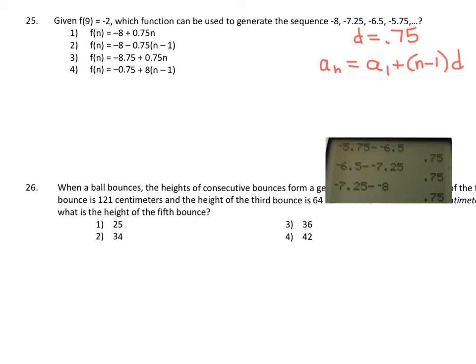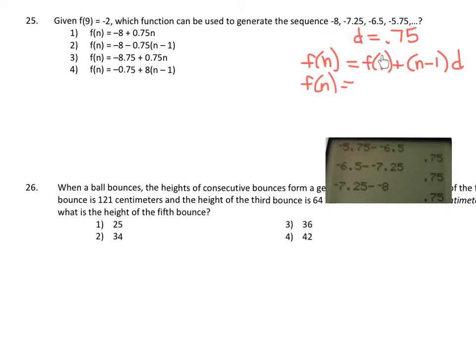So I'm going to change this a sub n to f of n, which means I'm going to change this a sub 1 to f of 1, which just means the first term of the function. Now here I'm going to leave this as f of n, in terms of n.